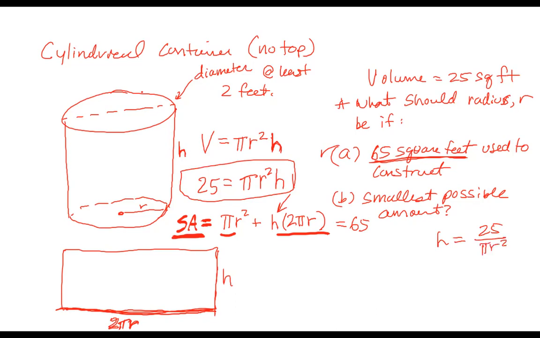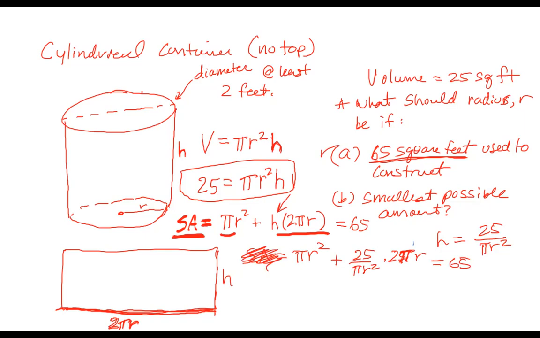And now I can rewrite the surface area formula. This just has the r, so we're good with that. But then instead of h, I'm going to put 25 over pi r squared. Multiply that by 2 pi r equal to 65. Let's cancel out a few things here.